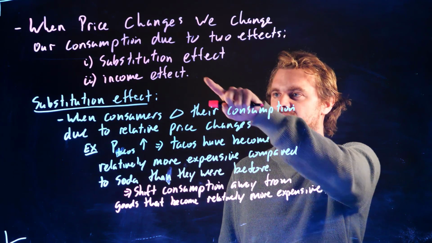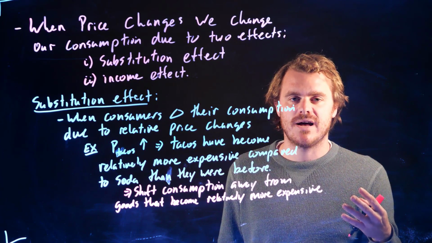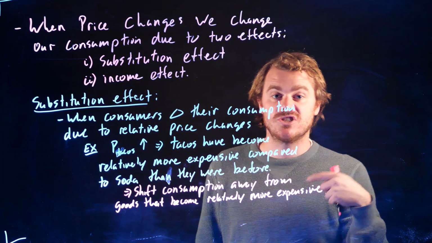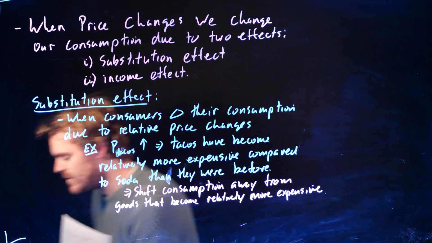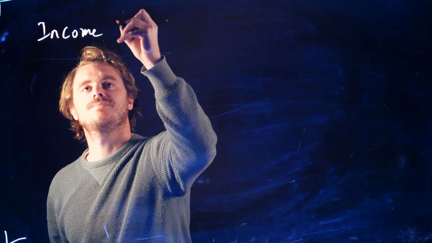Let's erase this and talk about this second effect, this income effect, or often called the real income effect. How this change in price, for instance, this increase in the price of tacos, has changed the purchasing power of our entire budget. So now let's talk about the other effect, the income effect.